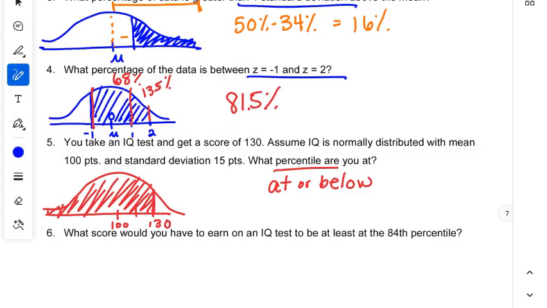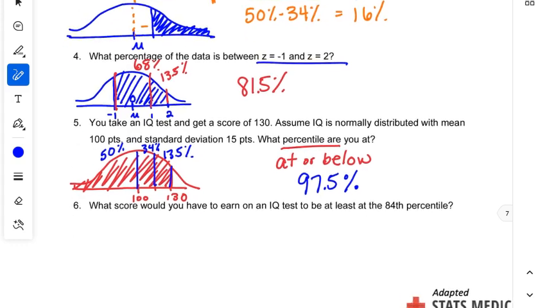So now we'll use the rule. So we know that this is 50, right? What is this? 34? And then this is 13.5. So we could add all those up. You get 97.5%.